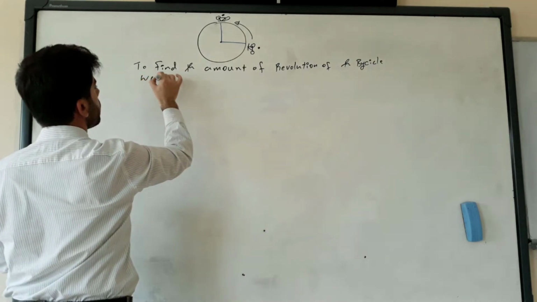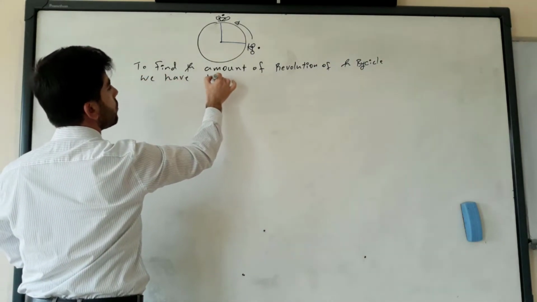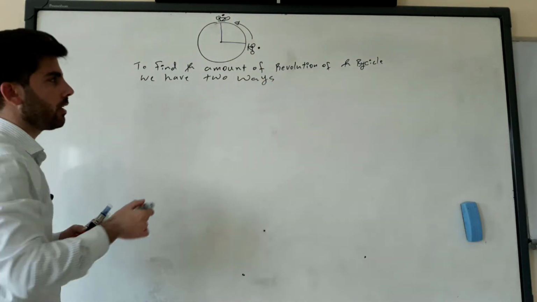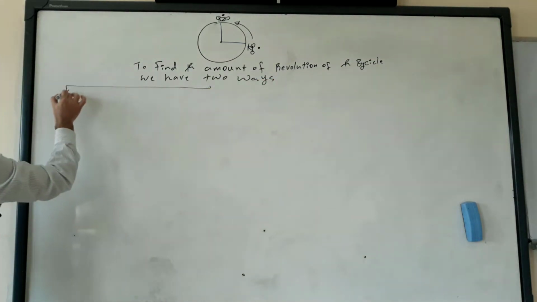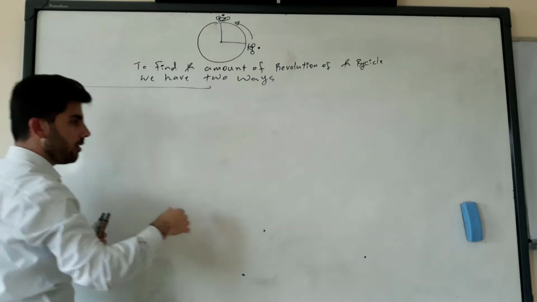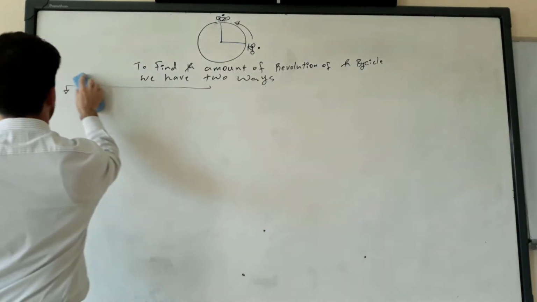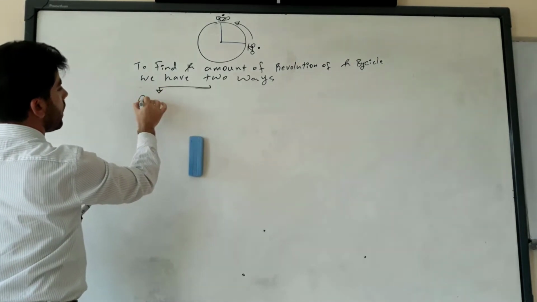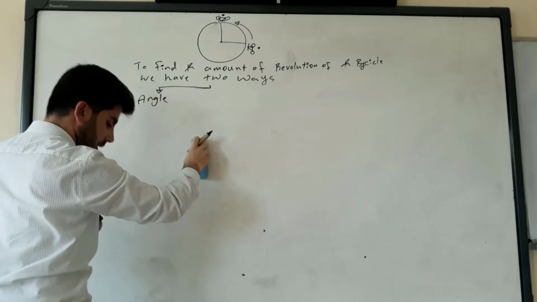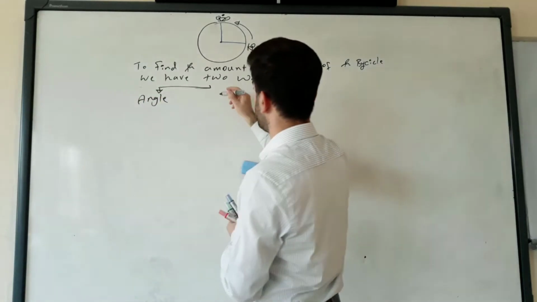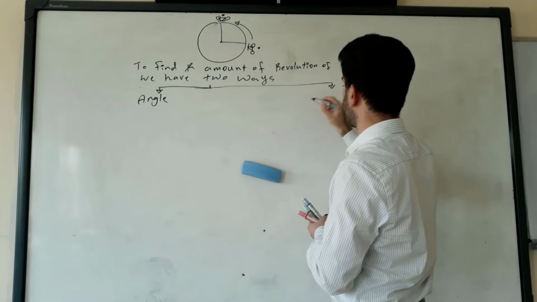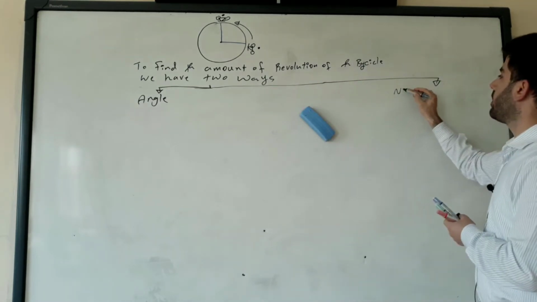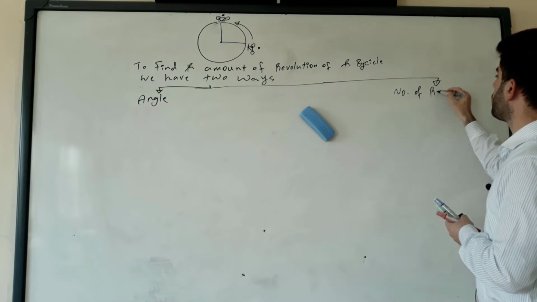we have two ways. We basically have two ways. One of them is actually angle, and the other one is number of revolution.